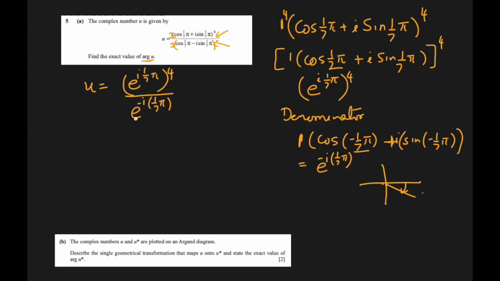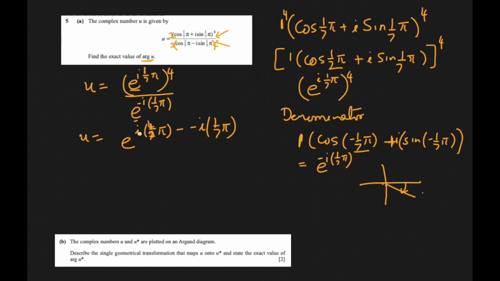Now, since both of them have e as base and they are dividing, we can write u is equal to e to the power i 1 over 7 pi. Rather, can I multiply this 4 with 1? So it will become 4 over 7 pi. So this 4 is also gone. It multiplies with the exponent here. Minus, because it's dividing, minus i 1 over 7 pi.